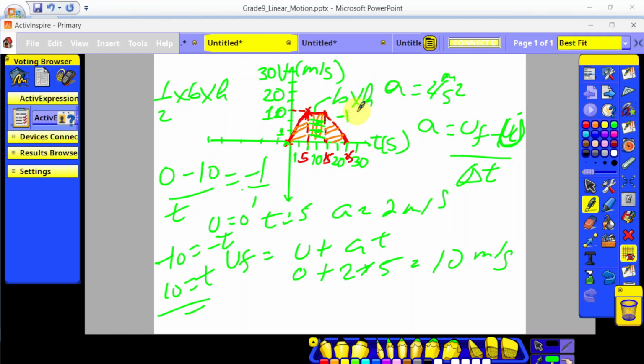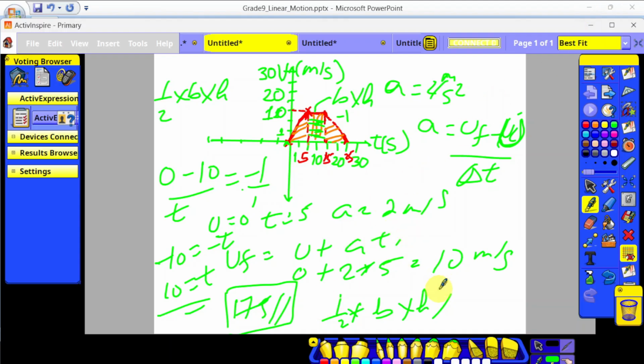The other one is again half times base times height, another triangle. So adding all those, you can go ahead and calculate. The result should come to 175 if you solve it graphically. So this is how you solve graphically.